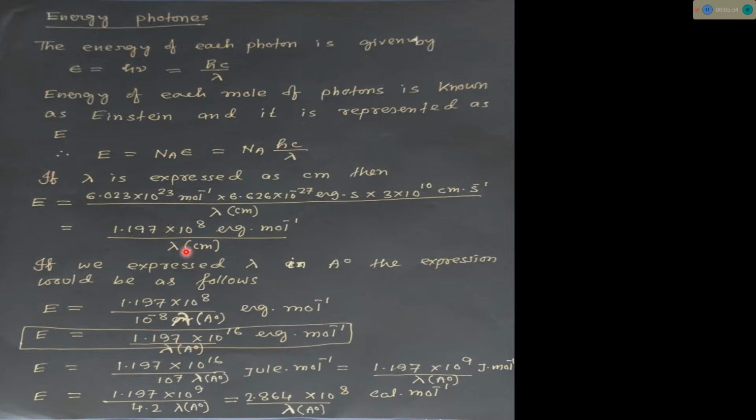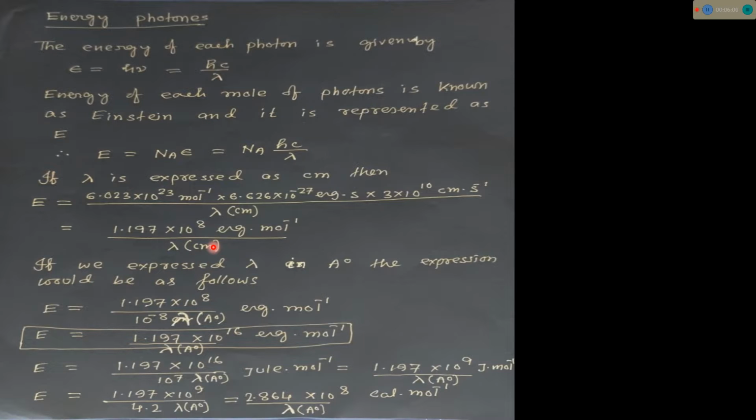In this expression we assumed lambda in centimeter, so if the wavelength of light is given in angstrom, we must first convert it to centimeter.